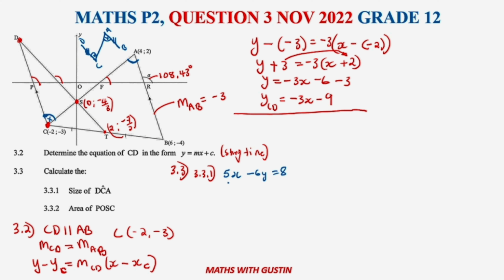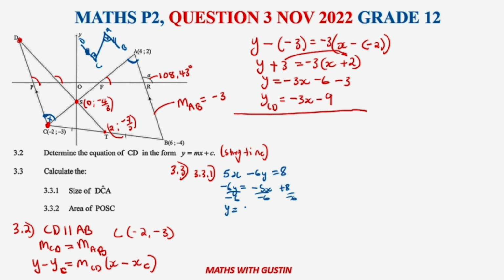If we take this one to the other side and make y the subject of the formula, we are going to have minus 5x plus 8, divide everything by negative 6.